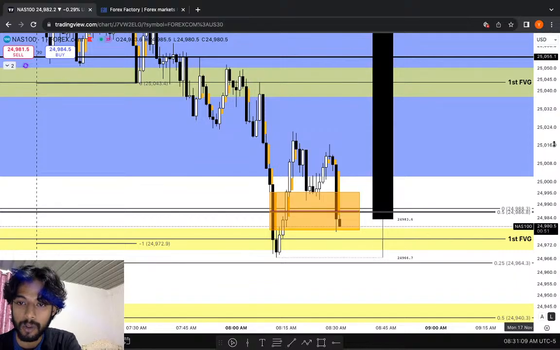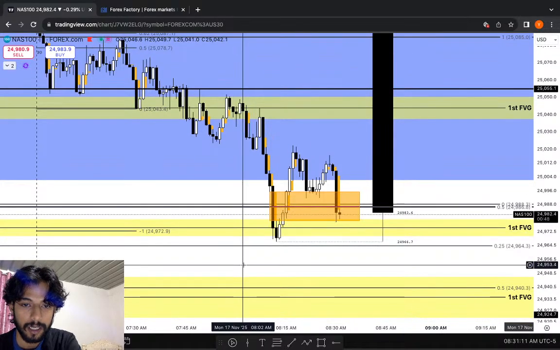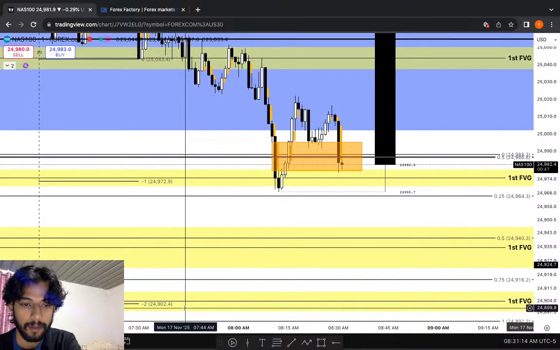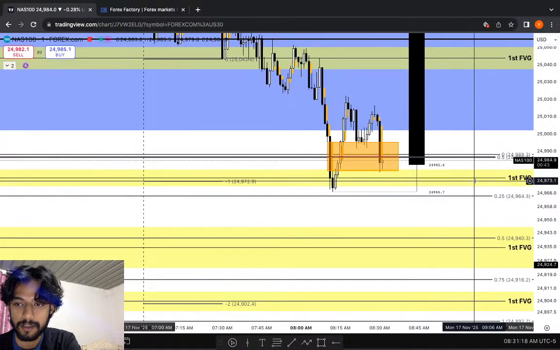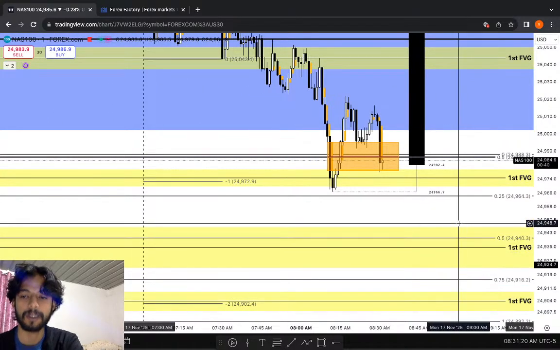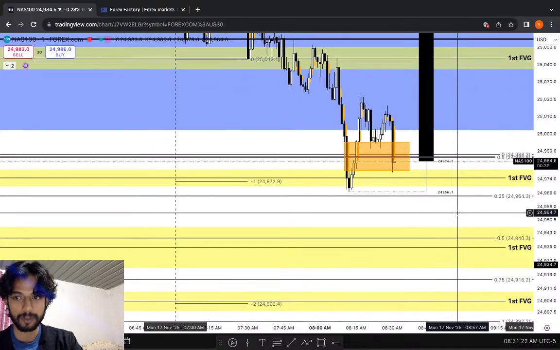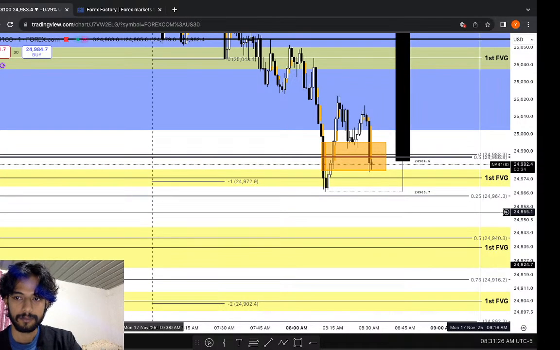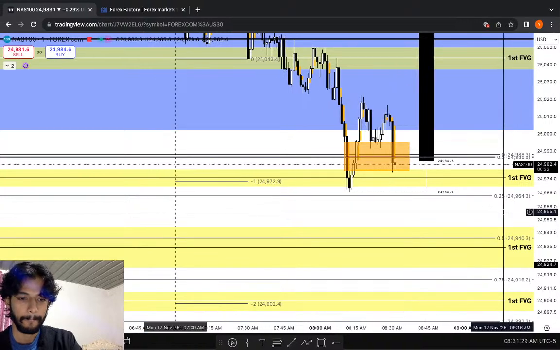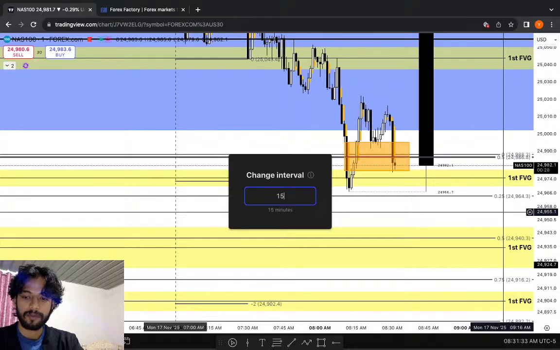So now look for this area right here, just -2 standard deviation, and these are just the first presentations from the previous weeks, so I like to keep them on the chart. Check the 15-minute ones.